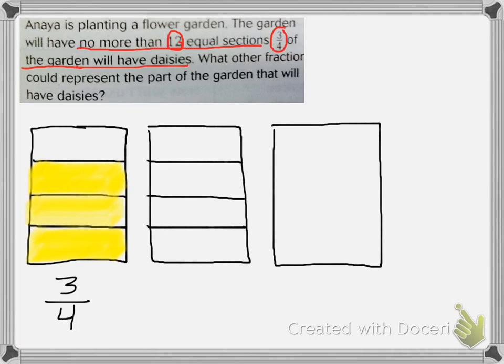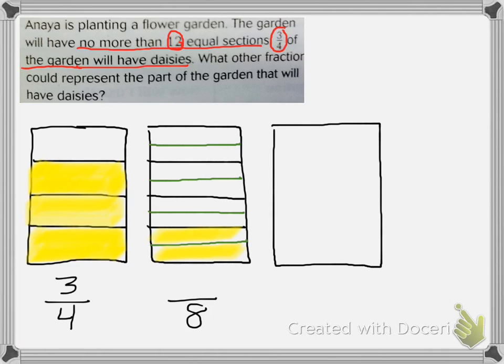So I'm going to take the fourths and make 2 parts out of each fourth. That would give me 2 pieces for every 1/4. There's 4 parts. That is 8 equal parts, right? So what is equivalent to that?